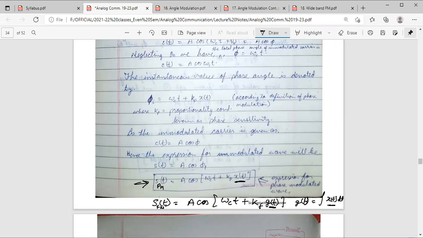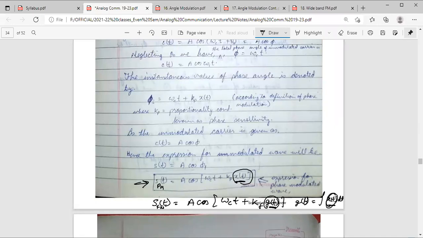The small difference is that in phase modulation, the total phase is dependent upon the modulating signal xt, but in frequency modulation, the total phase is dependent upon the integral of xt.